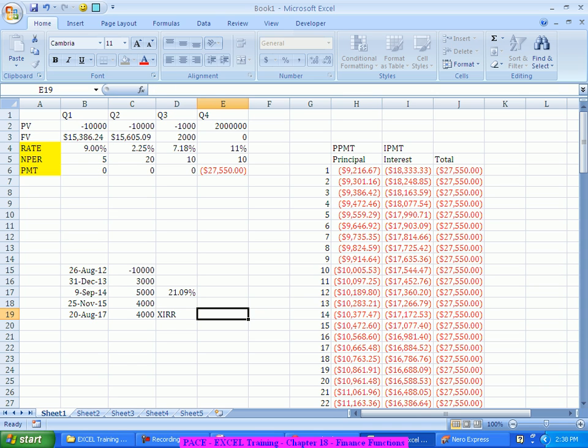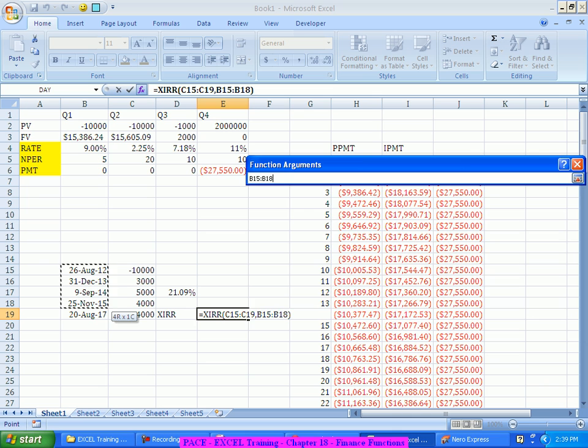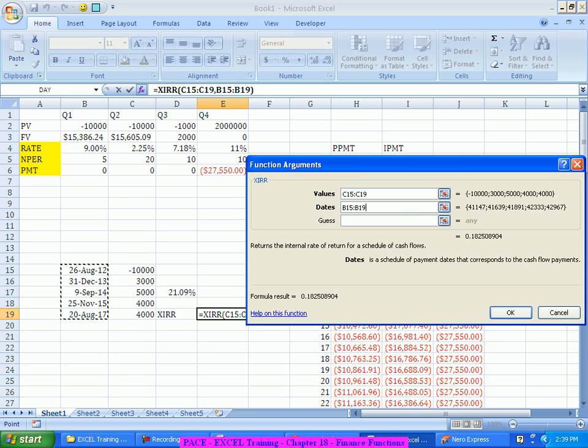XIRR is more like an extended IRR, where dates are also taken as an input into the process. So I can say XIRR, where along with the values, I also take the dates. I can take either first, in that order, values first and then dates.